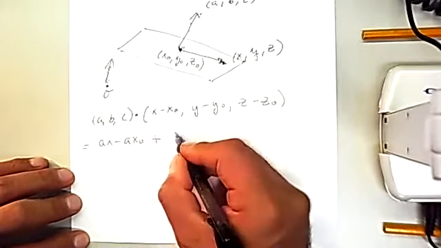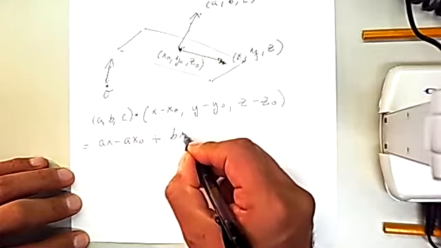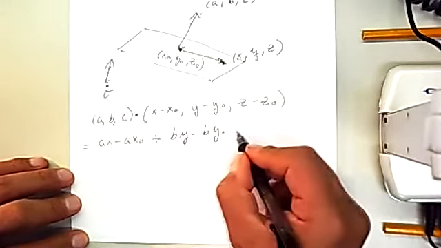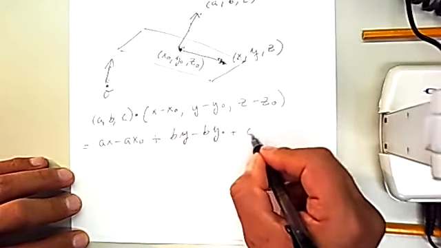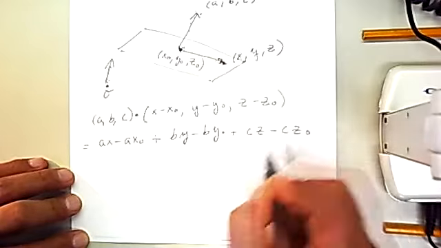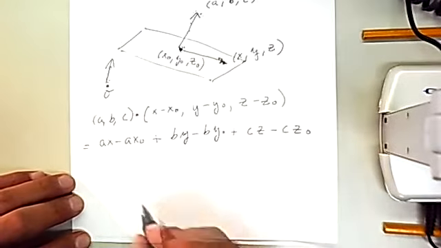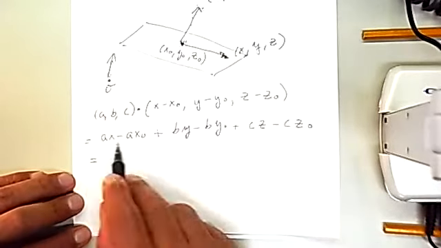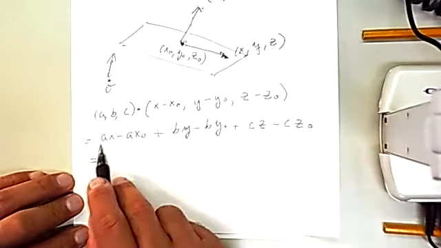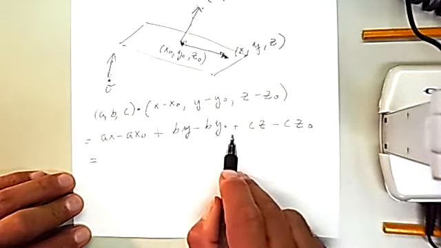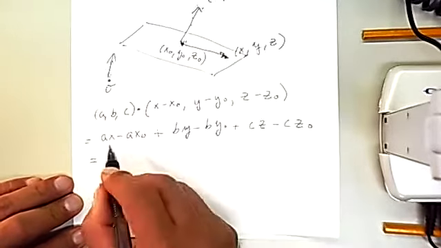A second product will be BY minus BY naught plus CZ minus CZ naught. Now, this is a real number made up by this product, minus this product, plus this product, minus this product, plus this product, minus that product.